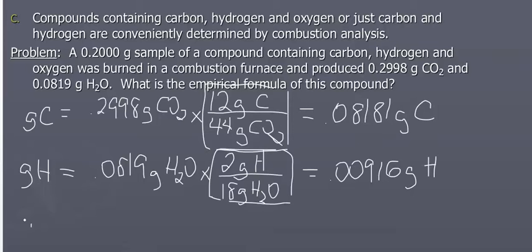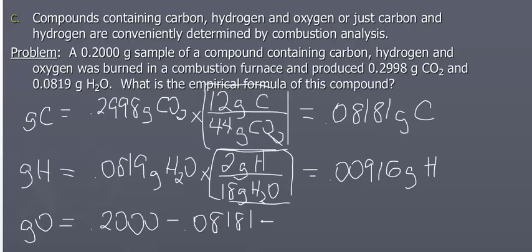To get the grams of oxygen, I know that originally I started with 0.2 grams, and since mass can neither be created nor destroyed, I can take my original mass, 0.2, and subtract the mass of carbon and the mass of hydrogen, and I'll be left with oxygen.